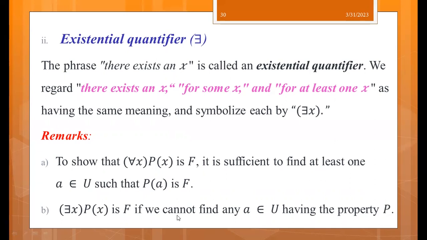So if we can find at least one a that makes P of a true, then there exists at least one x satisfying the condition P of x is true. But if we are not able to find any a within the universal set having the property P of x, then this quantified proposition will be false.